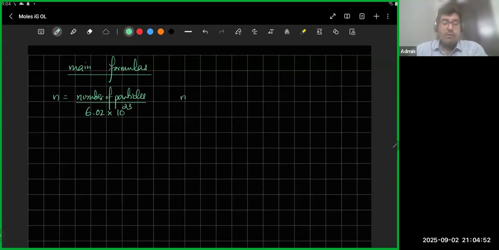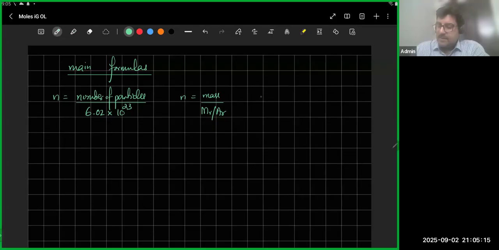Second formula, do you remember mole? The symbol for mole a lot of times is going to be N. The second formula, that's moles equals mass divided by molar mass. MR or AR.